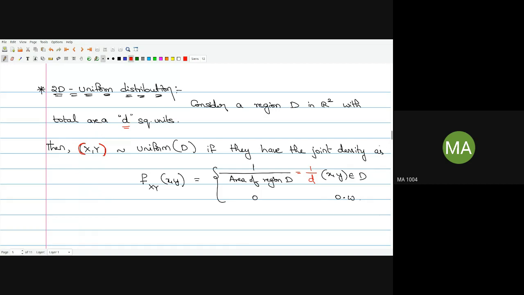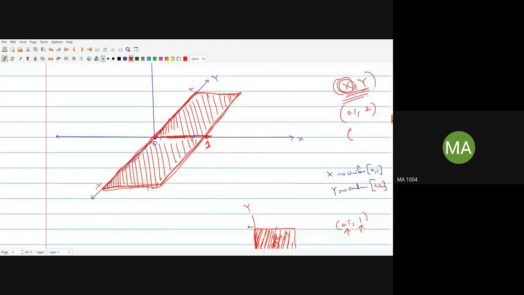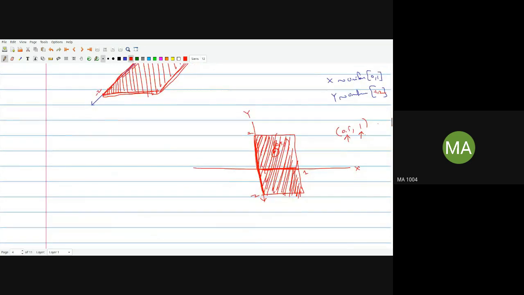Now in this case, you see x can take any value between 0 to 1 and y can take any value between -2 to 2. Let's suppose it is uniformly distributed in this region.